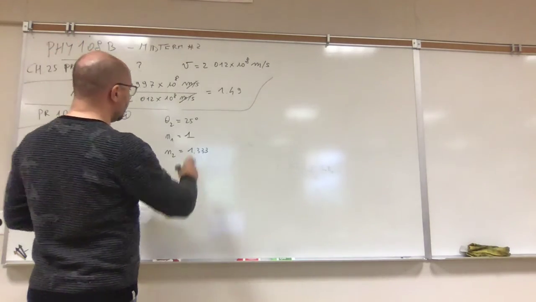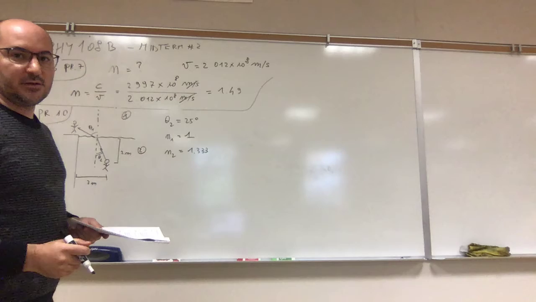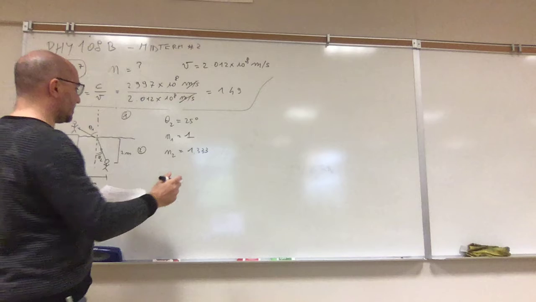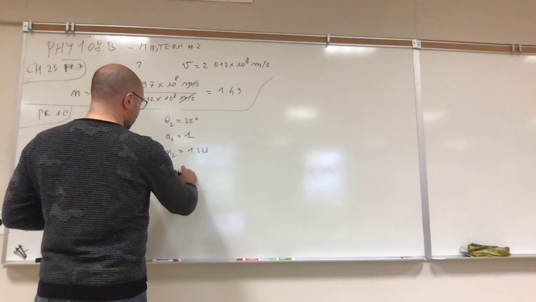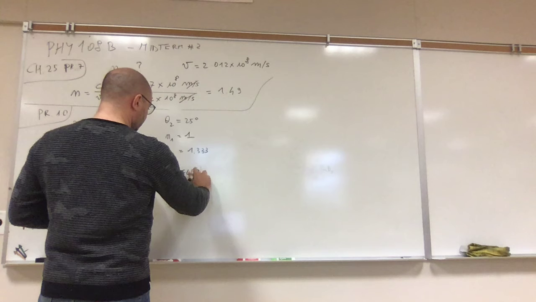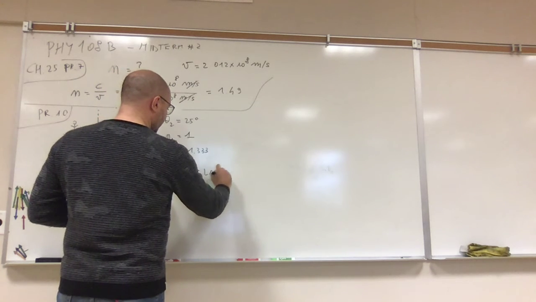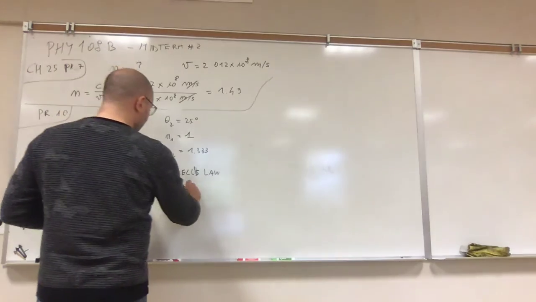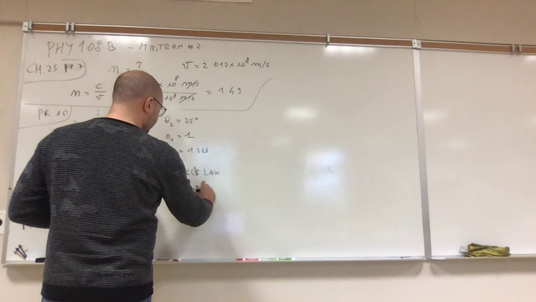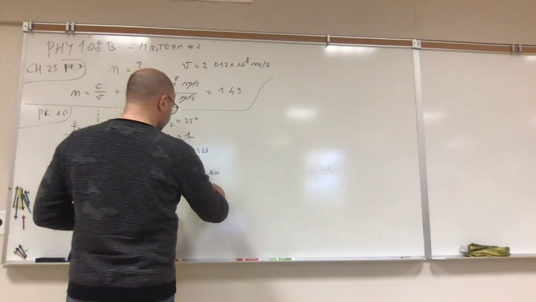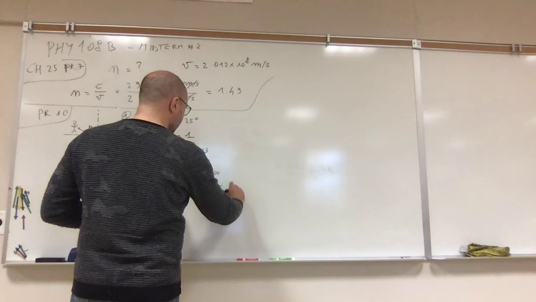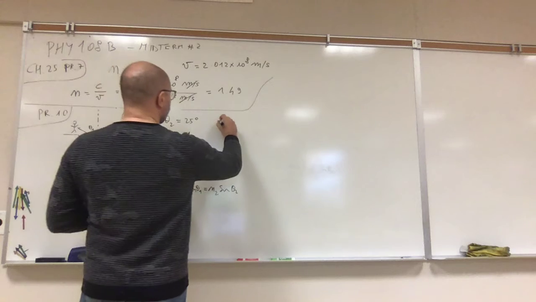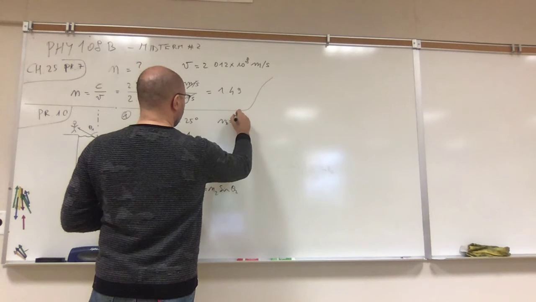So what do we use now that we have all this information? This is a simple refraction mechanism, so we use Snell's law. Snell's law tells you that the index of refraction of the first medium times the sine of the angle theta 1 is equal to n2 times the sine of theta 2.